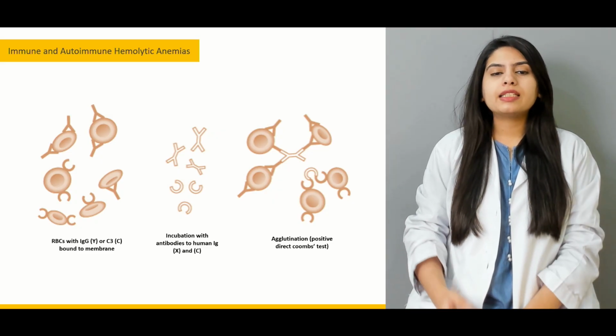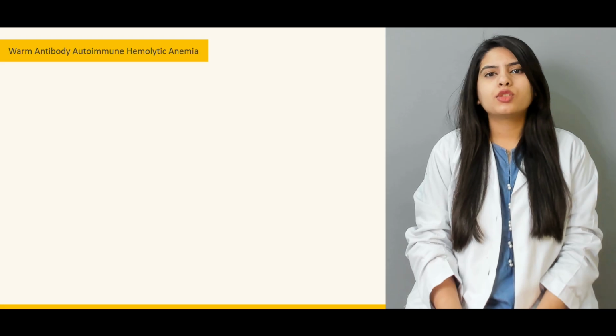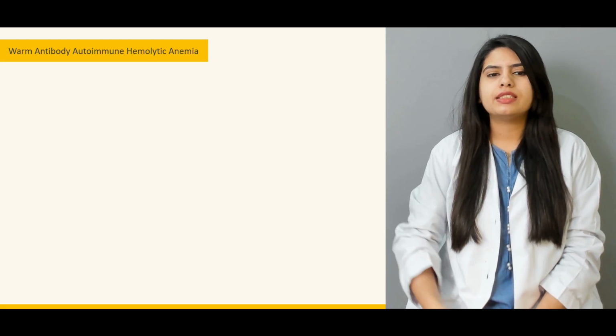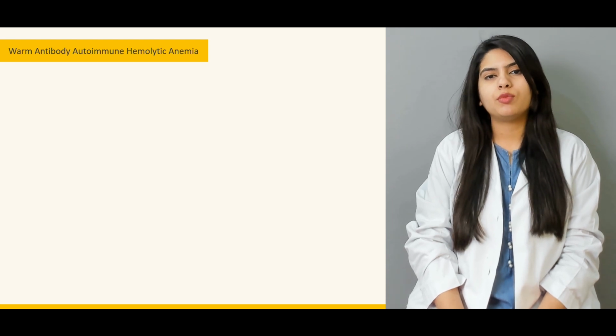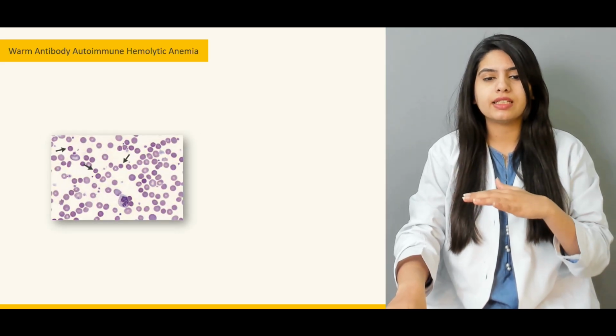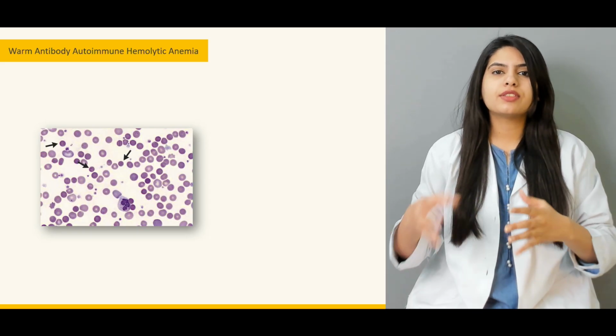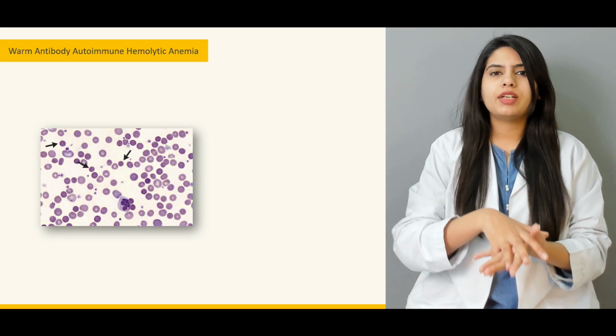So let's get into the different types of autoimmune and immune-mediated hemolytic anemia. There are three types of this anemia. The first one is the warm antibody autoimmune hemolytic anemia. Now, in this case, the production of antibodies takes place in the patient at a temperature of 37 degrees centigrade. What happens basically is that there is the presence of antigen on the surface of the red blood cells.